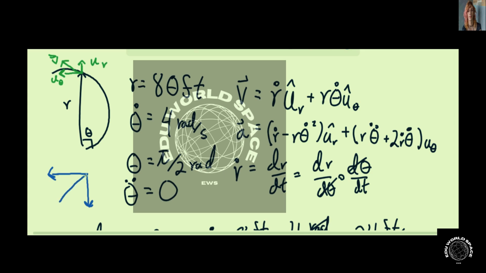So A is going to look something like this: A theta, A R. And we can go ahead and lay that on our picture just so that everything is in the picture. And that's what the situation will look like if we sketch it out. And that's how you solve this problem.